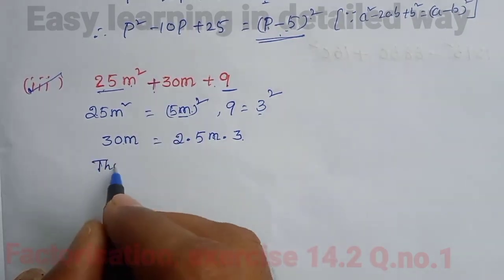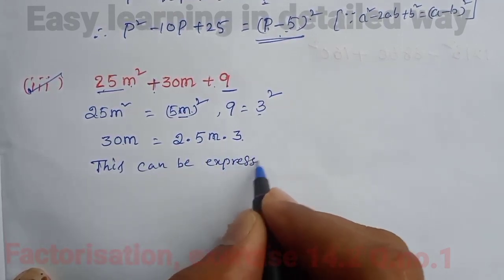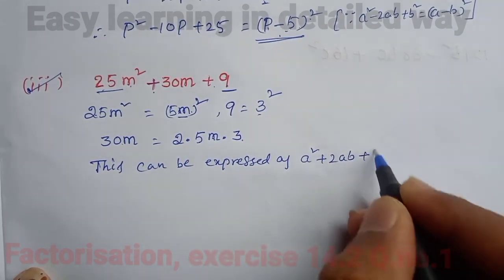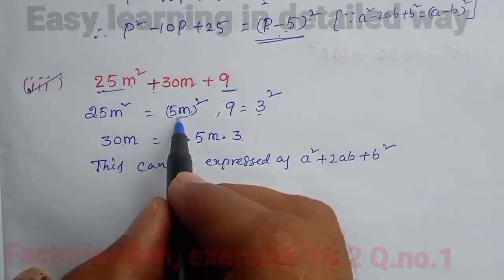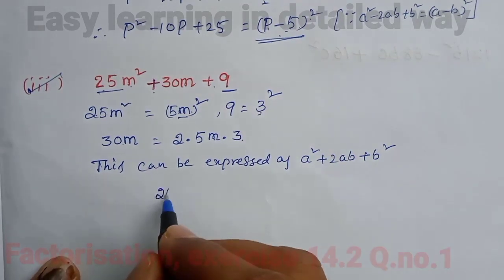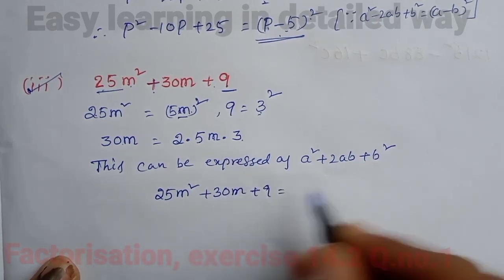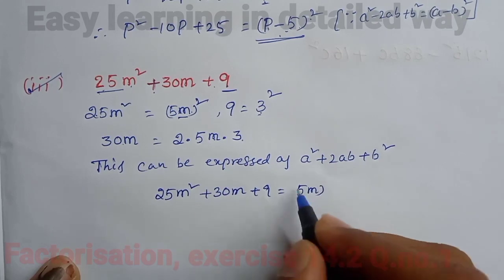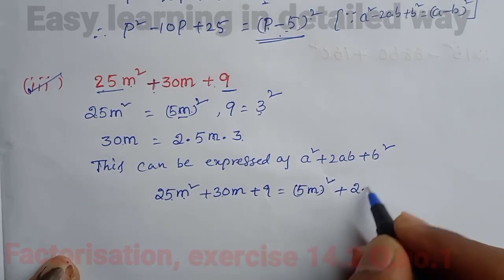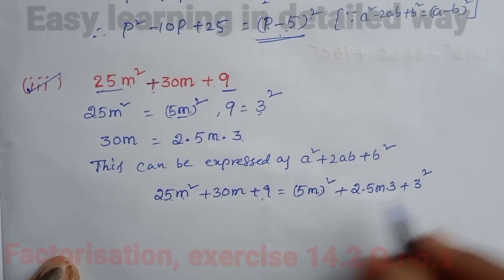So this can be expressed as a square plus 2ab plus b square. So here a is 5m and b is what? 3. So 25m square plus 30m plus 9 is equal to what? 5m whole square plus 30m, which is 2 into 5m into 3, and 9 is 3 square.